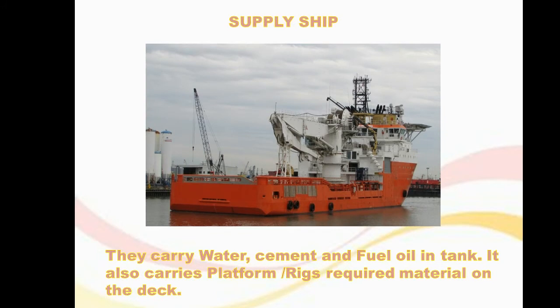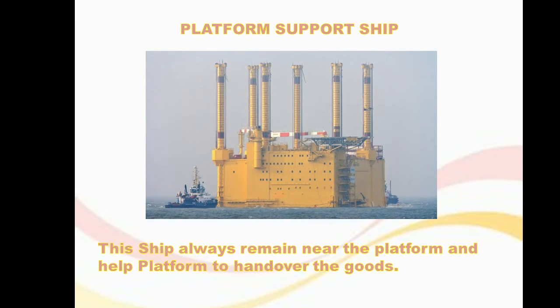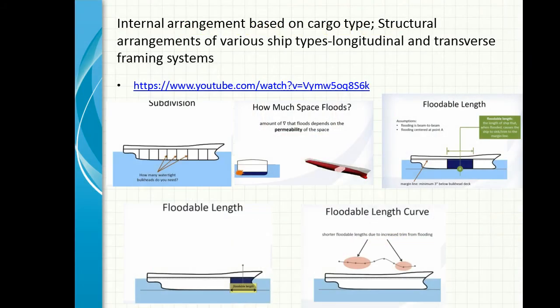Then there are offshore vessels, which are many in nature. There is the supply ship, which is the workhorse in the offshore oil fields. There are the diving vessels. There are the platform support vessels. These go and support the platforms for various activities, and these are real workhorses that work in deep conditions.